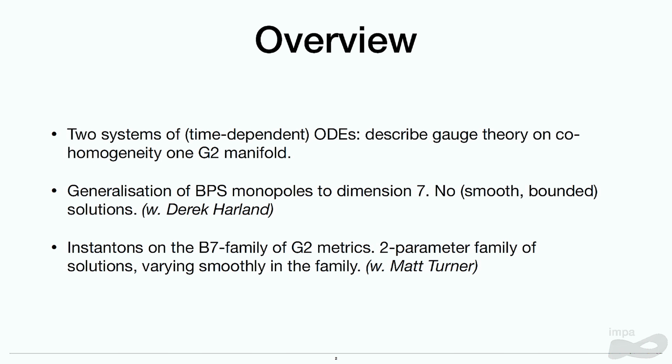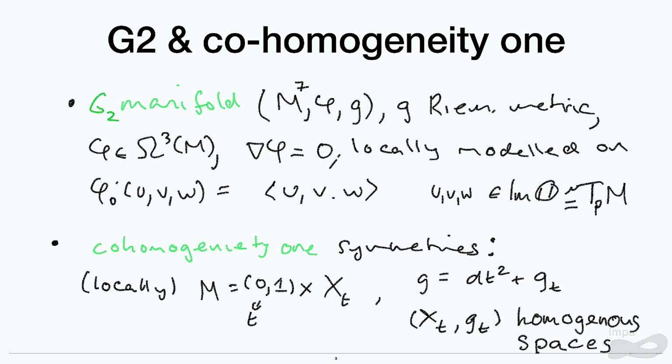For those who don't know what a G2 or cohomogeneity 1 manifold is, there have been some talks that mentioned G2 structures, but I thought I'd give the definition so we know what we're working with. For me, a G2 manifold is a 7-dimensional Riemannian manifold, g is my Riemannian metric, with a parallel 3-form. The local model for this 3-form is the following. I think of my tangent space as the imaginary octonions.